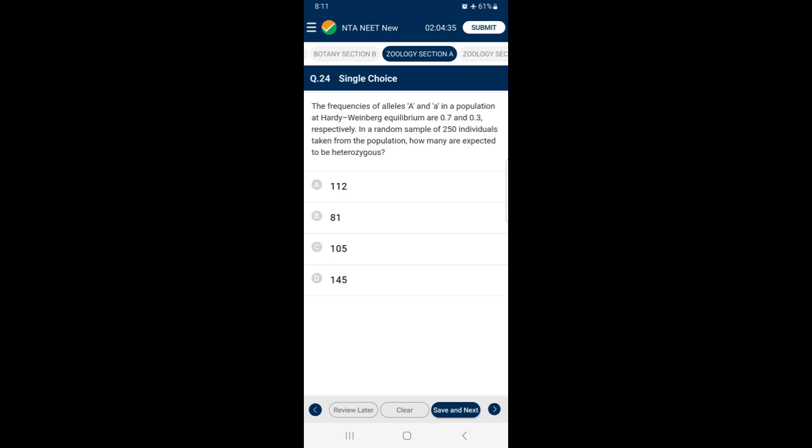The Hardy-Weinberg equation is the mathematical equation that can be used to calculate the genetic variation of a population at equilibrium. The principle states that the amount of genetic variation in a population will remain constant from one generation to the next in the absence of disturbing factors. So the answer is option C, 105.